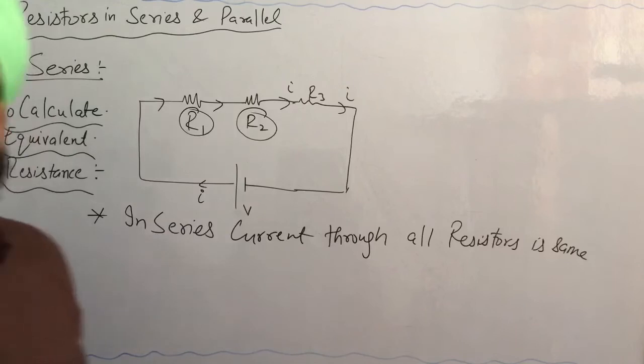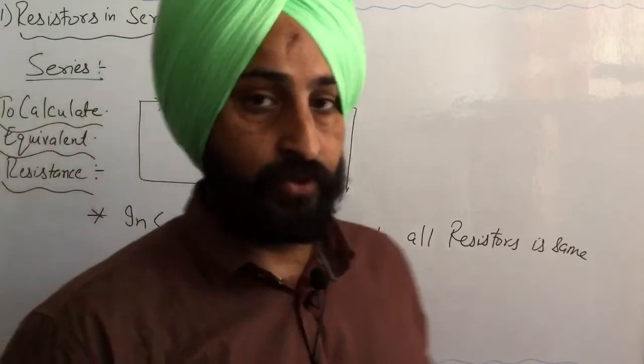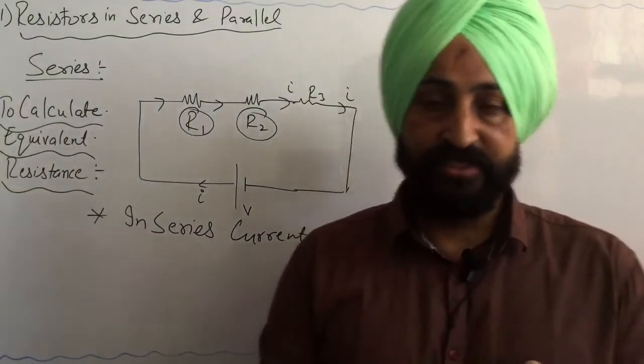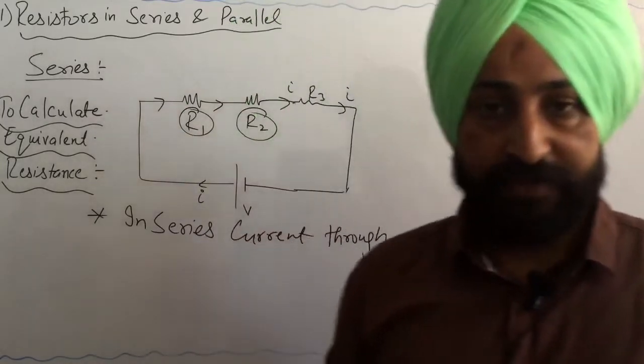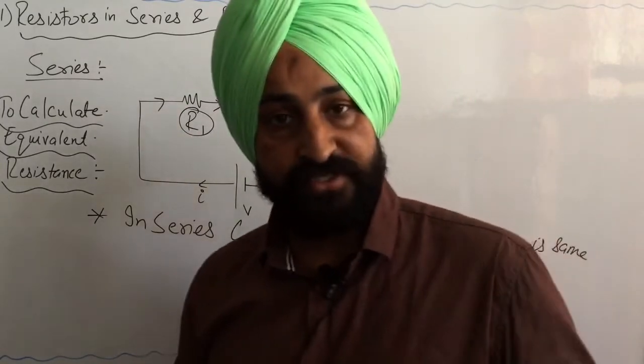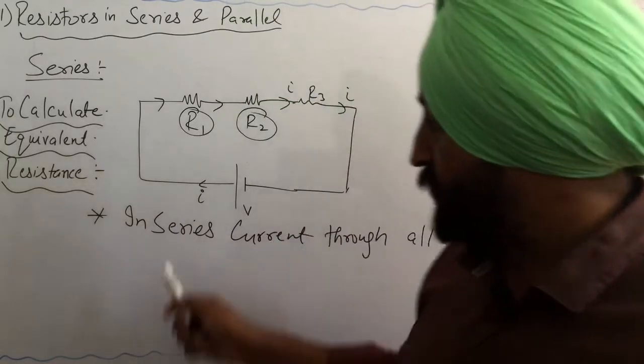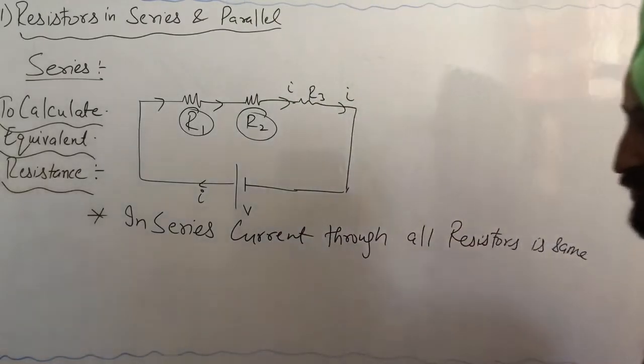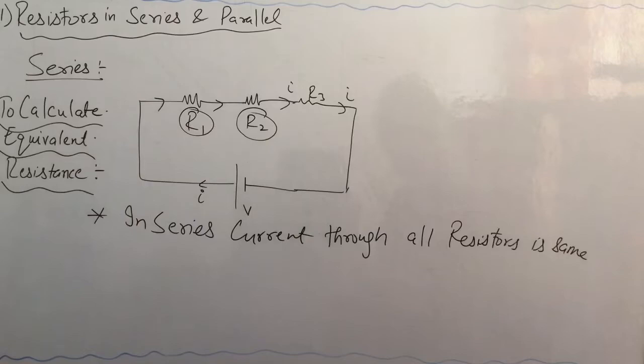We can also use it as a point to determine whether the resistors are connected in series or not. If the same current is passing through a number of resistors, that means they are in series. This is the important point that must be kept in your mind.